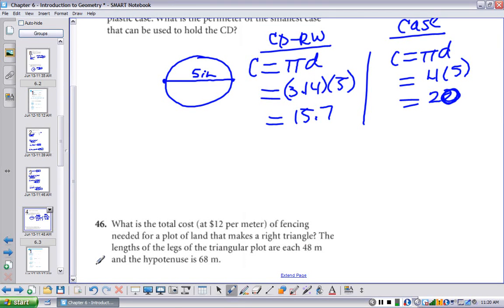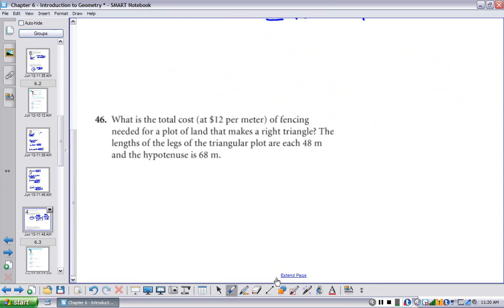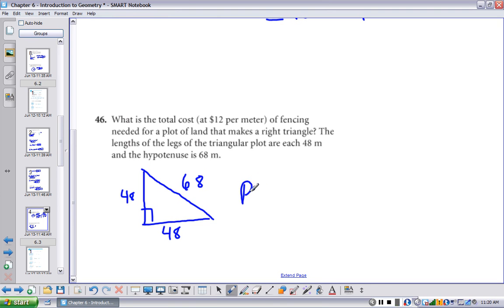All right, the next one, number 46, says, what is the total cost at $12 per meter of fencing needed for a plot of land that makes a right triangle? The lengths of the legs of the triangular plot are 48 each, and the hypotenuse is 68. So first of all, what is the perimeter?